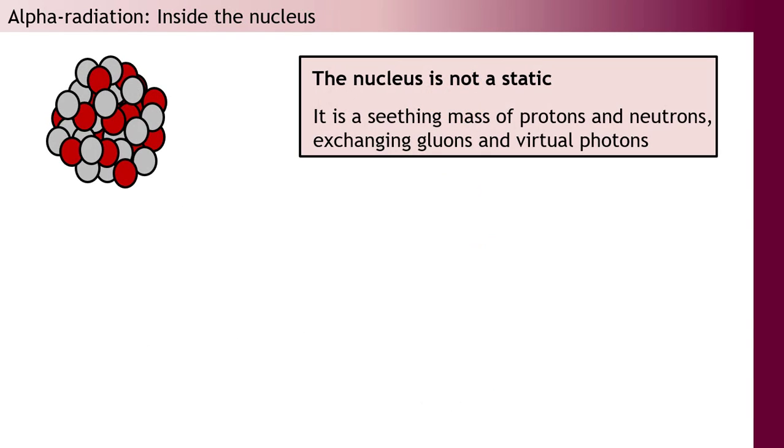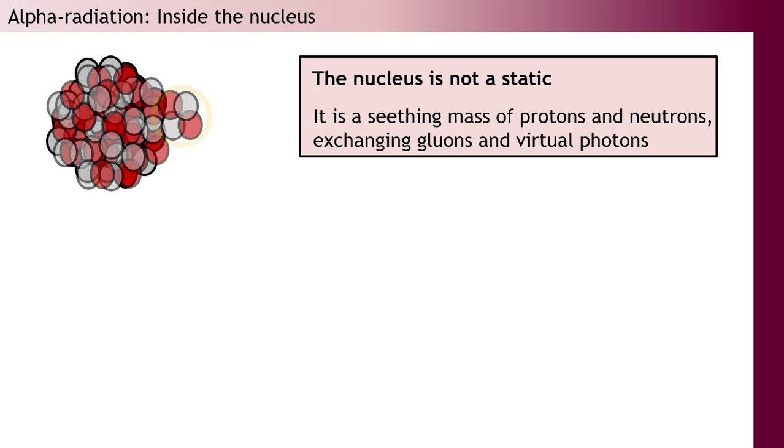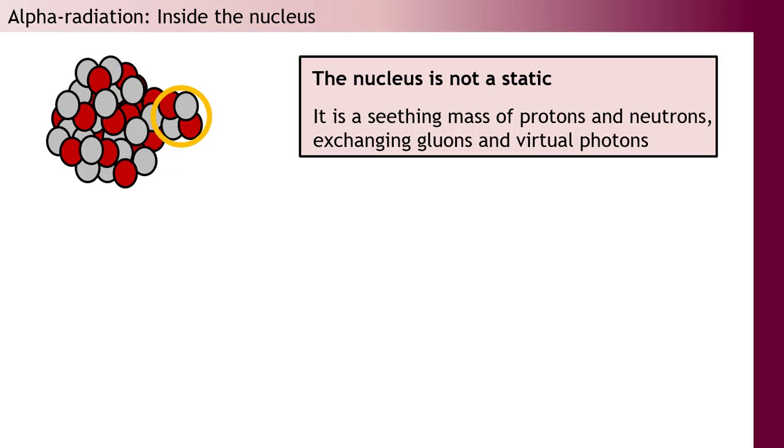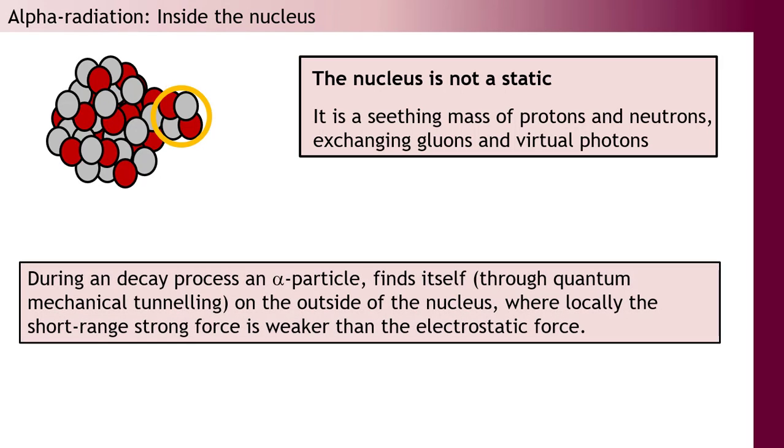So what's going on? How does the nucleus expel an alpha particle? Well, you should not think of the nucleus as a static thing. The protons and the neutrons are moving, but in a quantum mechanical way. Now the strong force, although it's very strong, is also very short range. And what happens is that there is some small but finite probability that an alpha particle tunnels through the energy barrier and finds itself outside of the nucleus, in a place where there are dominant repulsive electrostatic interactions between the protons in the alpha particle and the protons in what remains of the nucleus.